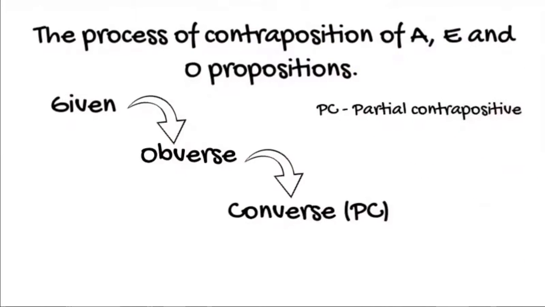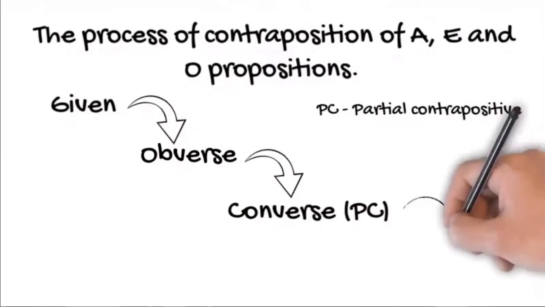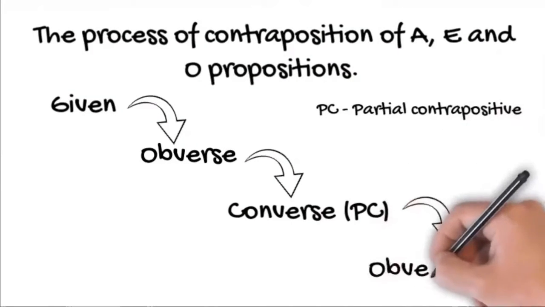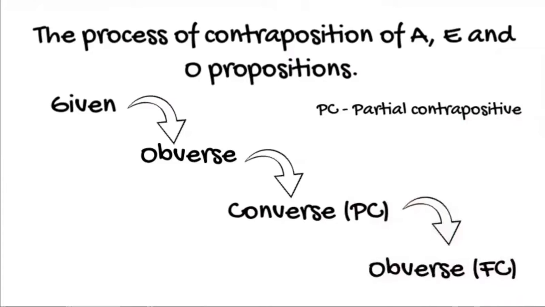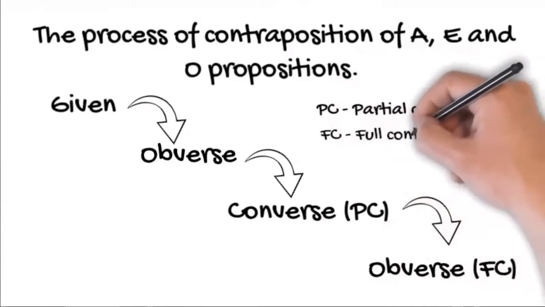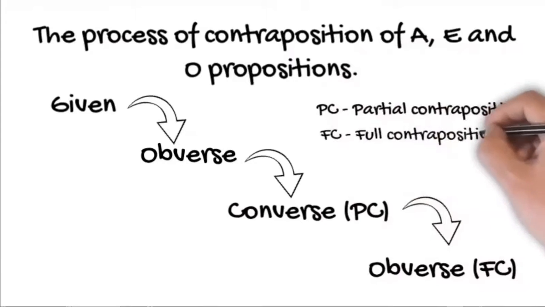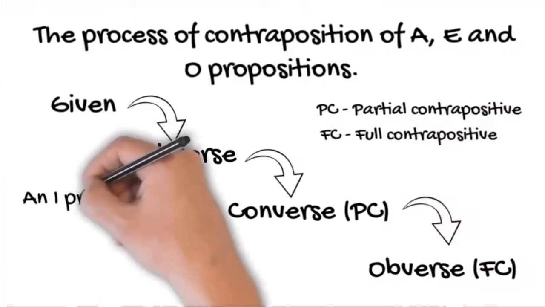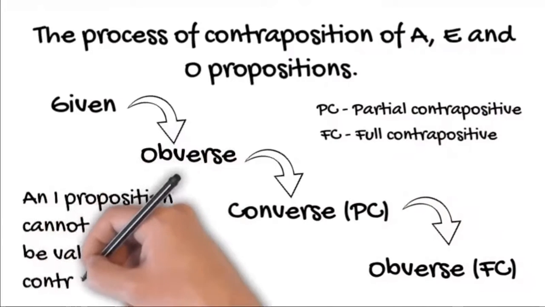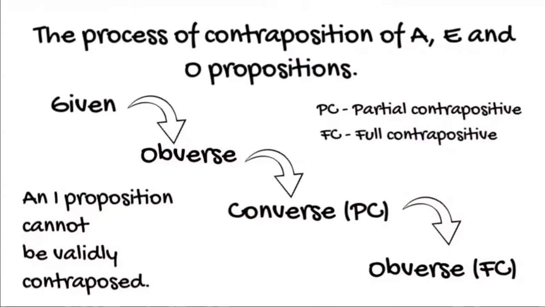And when this converse is obverted, then you'll have the full contrapositive or the FC. So in the next slide, we will apply this process. And by the way, an I proposition cannot be validly contraposed.